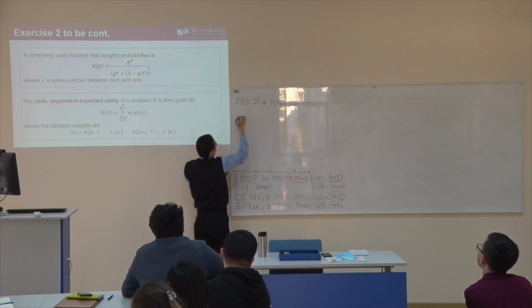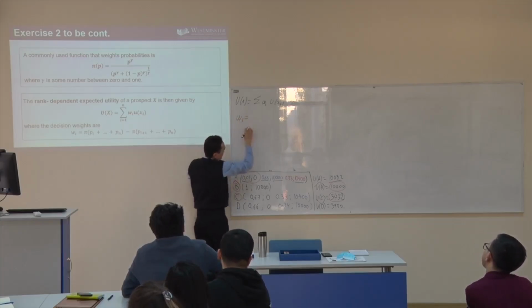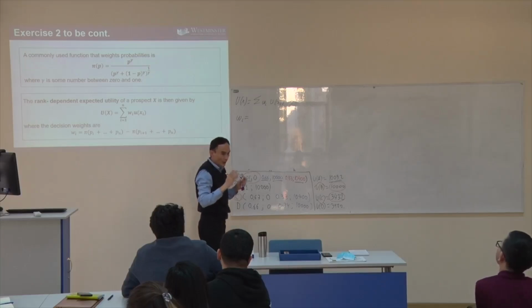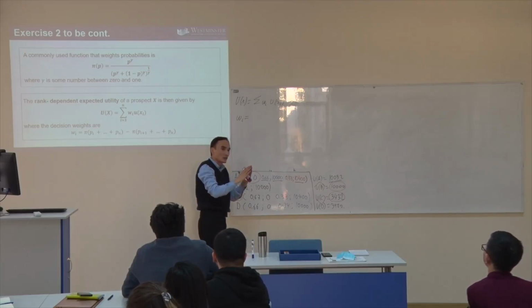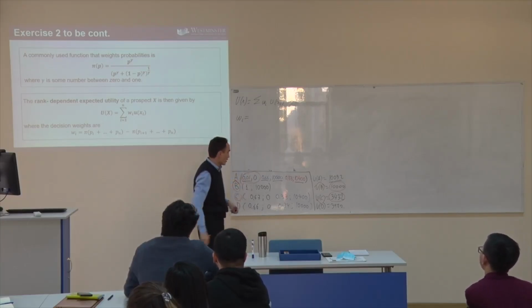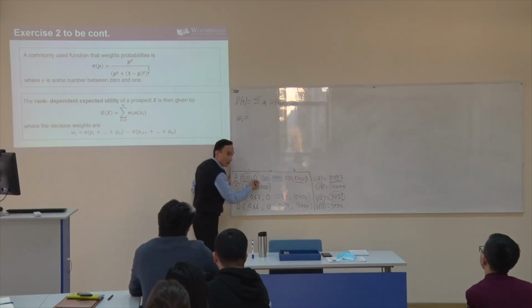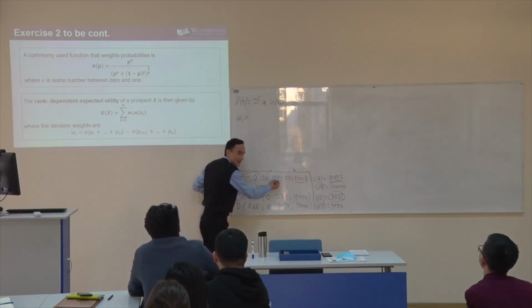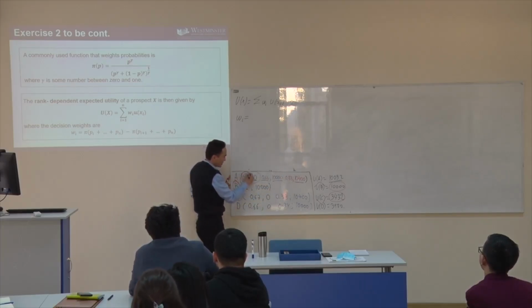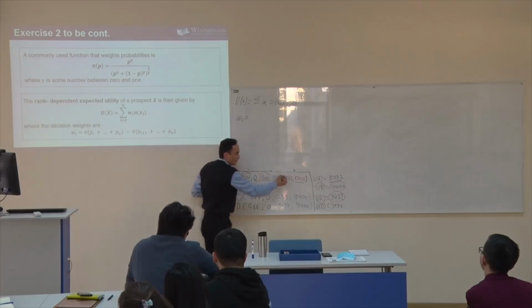So look, we are saying that in order to find the weighted probabilities, first, number one, we have to rank probabilities from the worst outcome to the best outcome. What is the worst outcome in prospect A? 0, right? Second worst is 10,000. The best one is this one. So now we have to rank first worst probability, second worst probability, third worst probability.